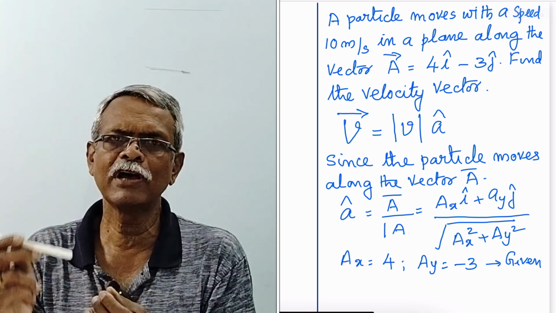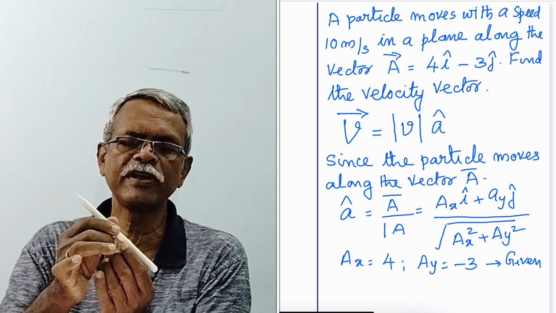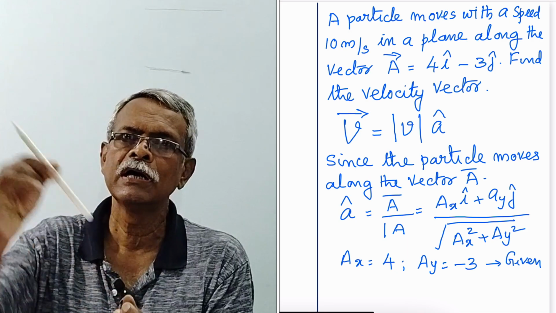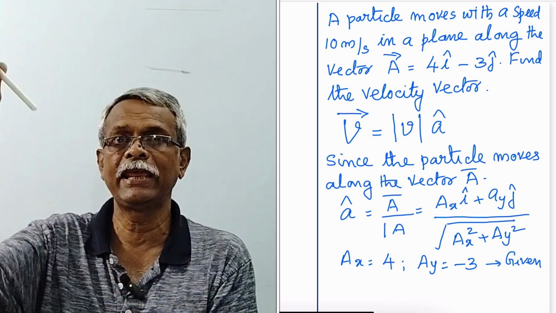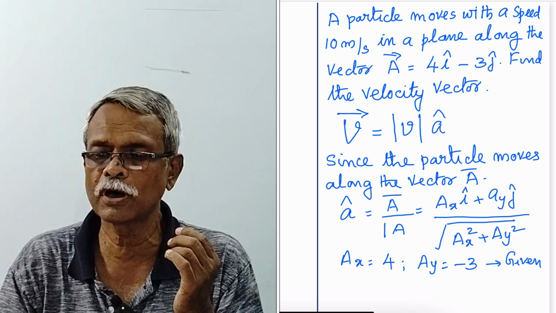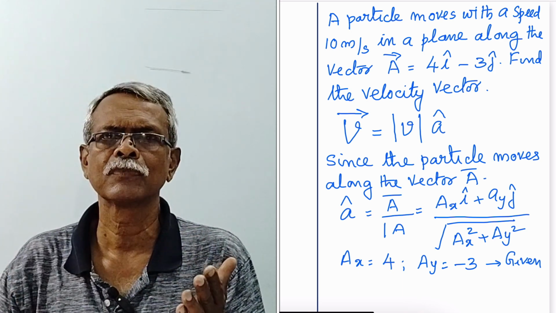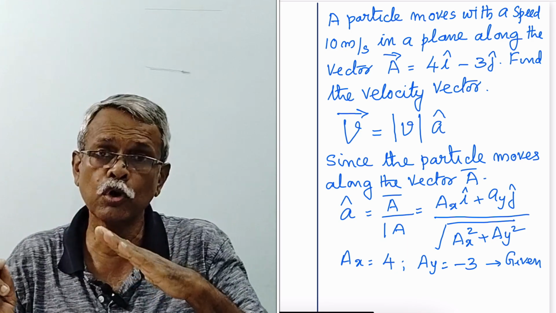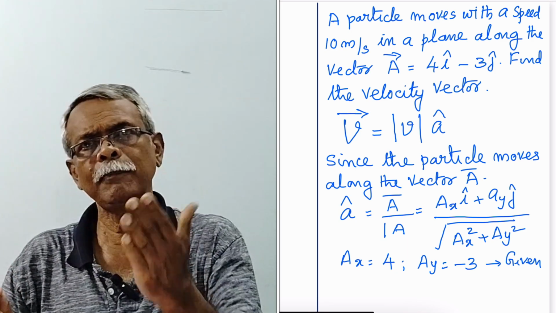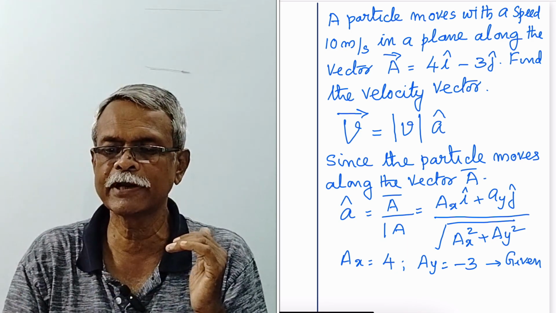Instead, we are told that the velocity vector is along another vector which is given. That velocity vector is along a, and therefore that is 4i minus 3j. So, the unit vector of the velocity vector will be the same as the unit vector of a.